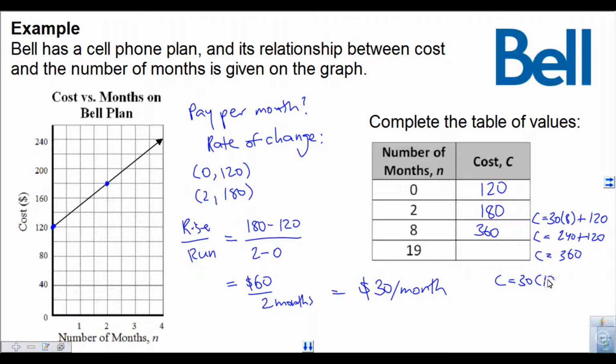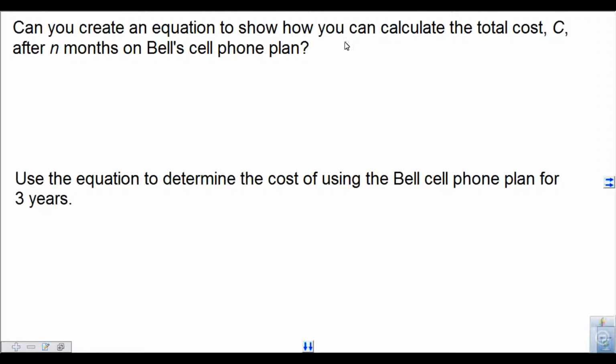So that's 30 times 19 plus 120. So 30 times 19, that's 300 plus 270, so that's 570 plus 120. So we get $690.